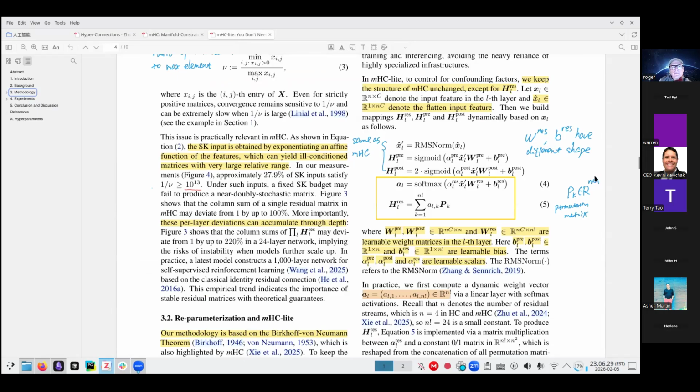Okay. So I think the only important part is this one. It's a modification of how you calculate the H-res matrix.